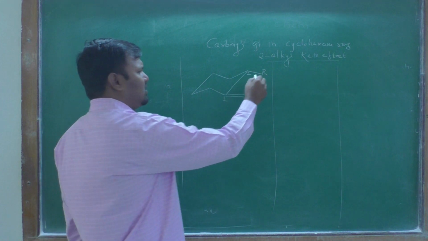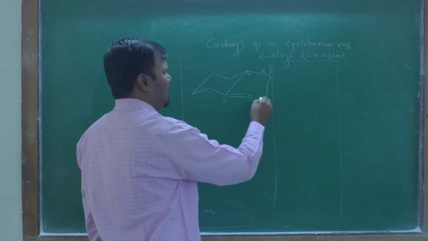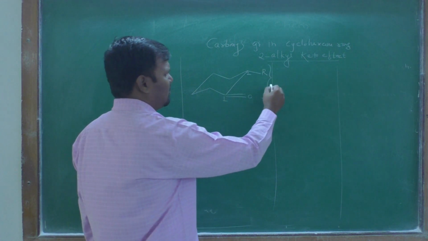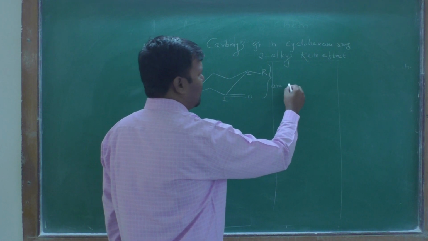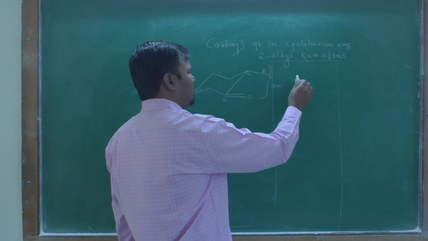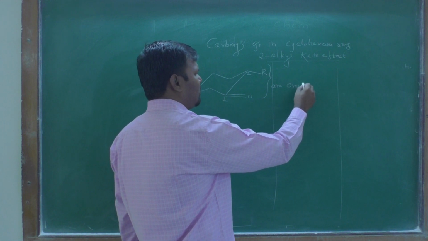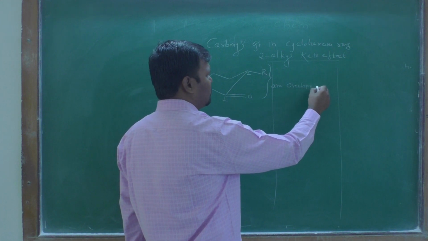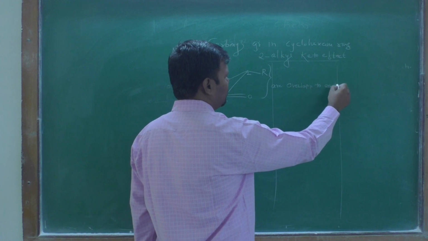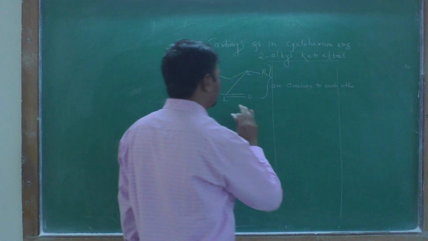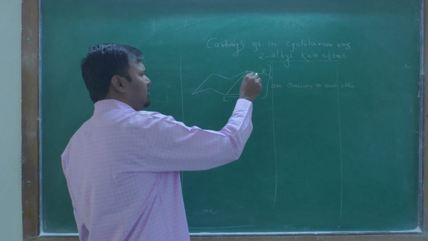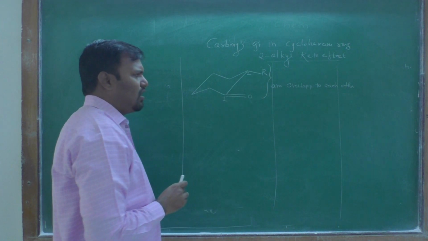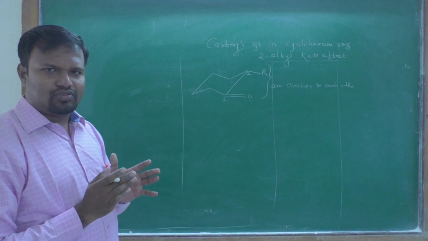These alkyl and carbonyl groups overlap with each other. When you see from this side, you find that this carbonyl and this equatorial group overlap each other.